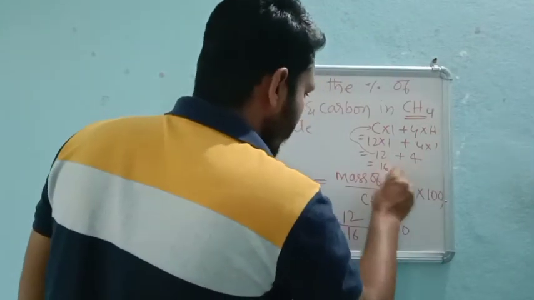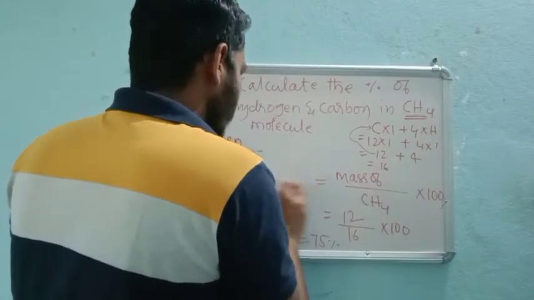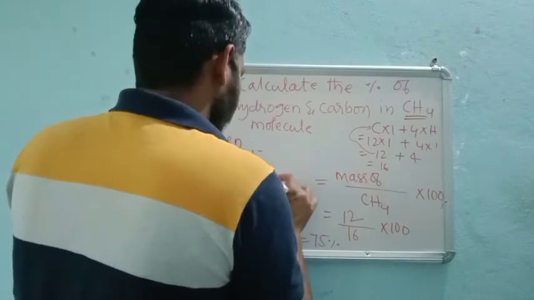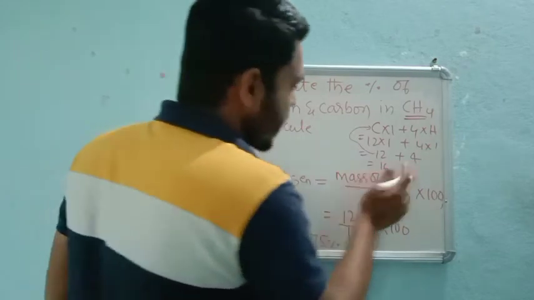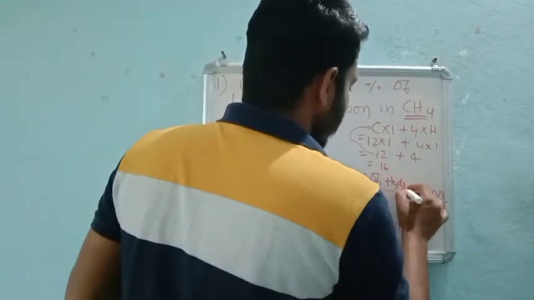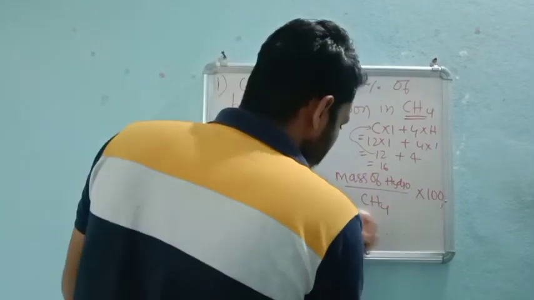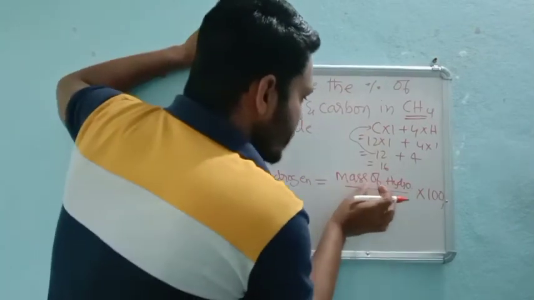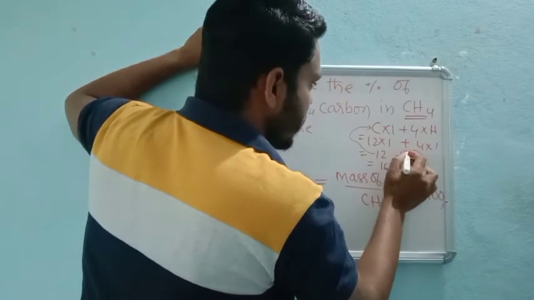Now again, in the problem they have asked to calculate hydrogen also. So next, percentage of hydrogen. Now the formula becomes mass of hydrogen divided by total mass. No problem, that is the same. Now, what is the mass of hydrogen in the given compound? 4.